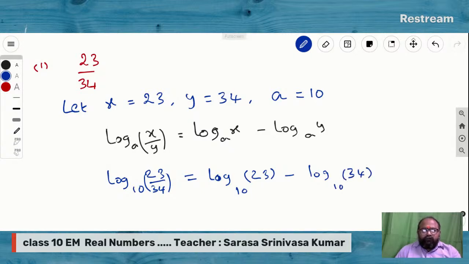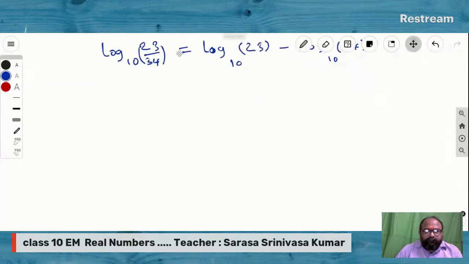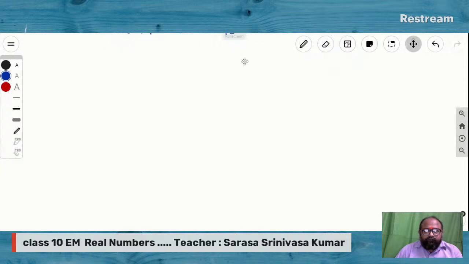So this is how we apply the given formula. Now we consider the next problem. The second problem.